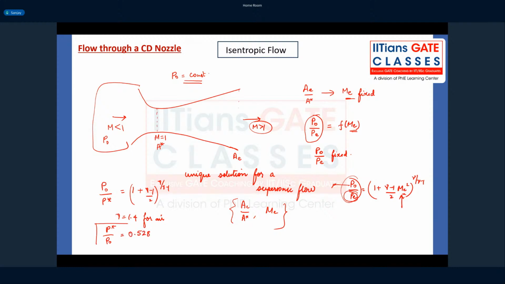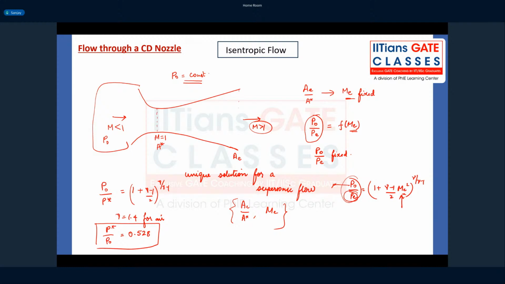So if my ratio is not this, then I'm not going to get choked flow or sonic flow in the nozzle. If my ratio is not this, I'm also not going to get the supersonic flow at the exit.